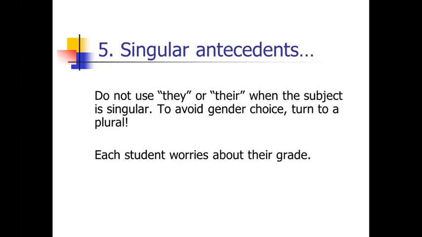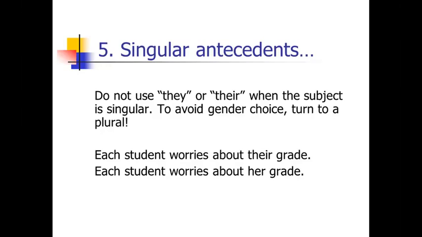So here's an example. If you were to say each student worries about their grade, that would be incorrect because each student is singular, their is plural. So to correct that, though, you'd have to say either each student worries about her grade or each student worries about his grade. And then you have to make this gender choice. You're worried about offending somebody. So it's a little awkward to go back and forth from his and her.